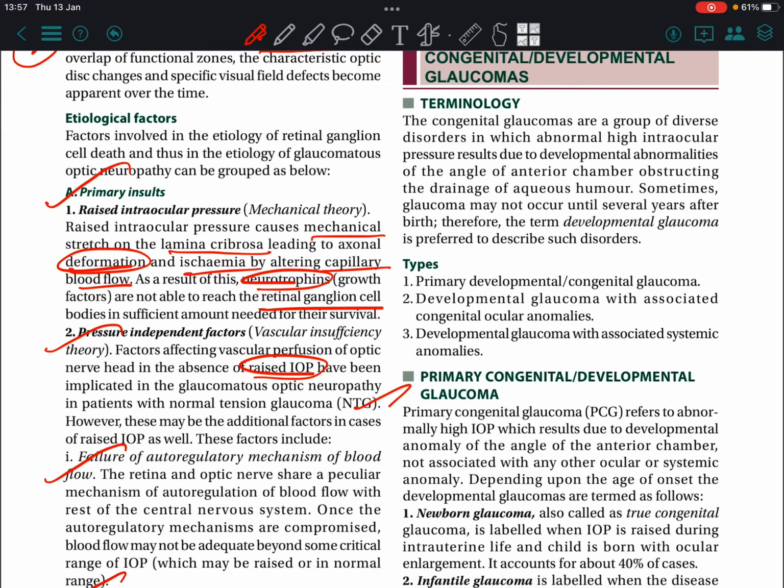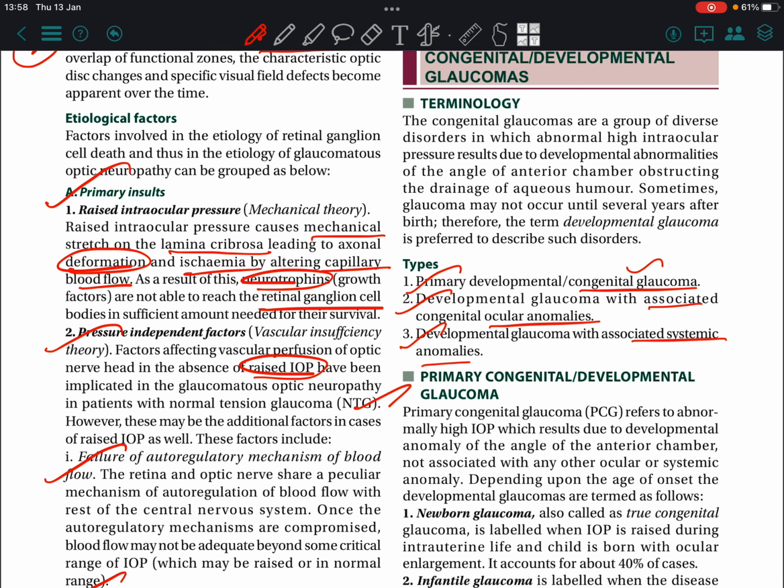Congenital developmental glaucoma. The types are primary developmental congenital glaucoma, developmental glaucoma with associated systemic anomalies, developmental glaucoma with associated congenital ocular anomalies.